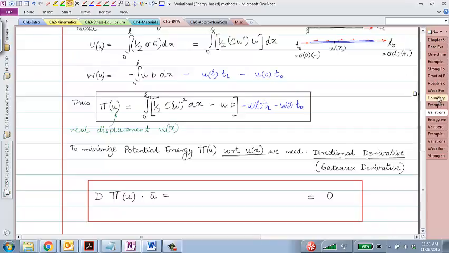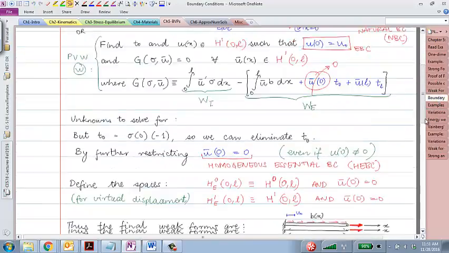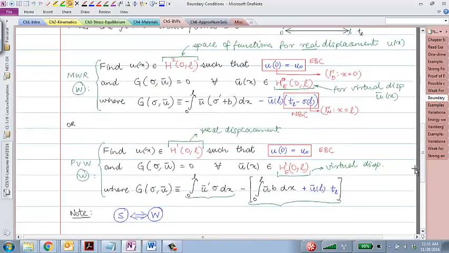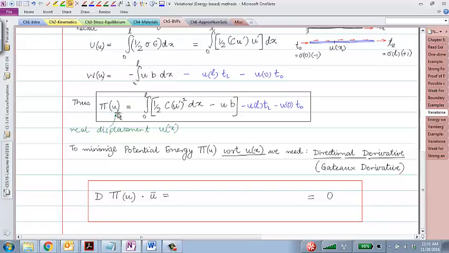If you remember when we were setting up all of these functionals, the G functional was a functional of two functions: a stress function and a virtual displacement function, or a real displacement function and a virtual displacement function. But unlike this G functional, this real energy functional is a function only of real displacement. There is no virtual displacement in this energy functional.